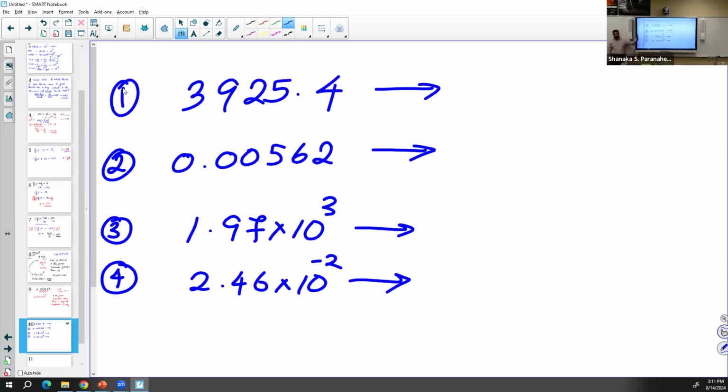If it is in standard form, convert that into scientific notation. There are 5 questions. And the last one is written in standard form, so convert it to scientific notation.